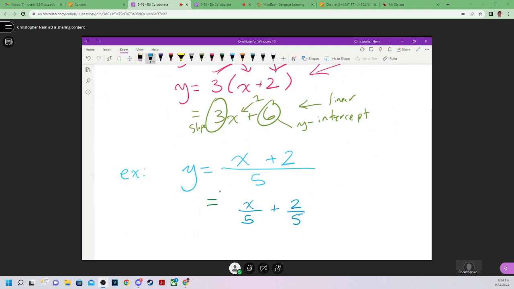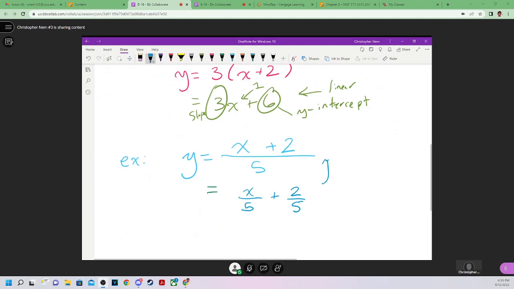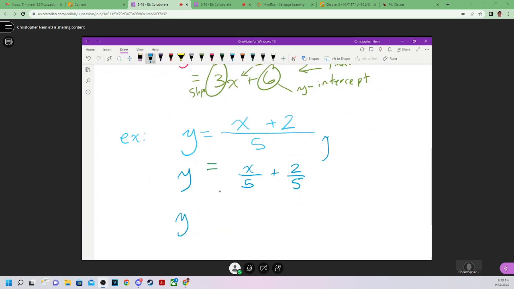If they have the same denominator, I just add the numerators. I'm just going in the reverse direction. If you rewrite it that way, technically speaking, there's a 1 here. That means I have 1/5 times x plus 2/5. So this right here is to the first power. So this is linear. In this case, my slope is going to be 1/5, and my y-intercept is 2/5.